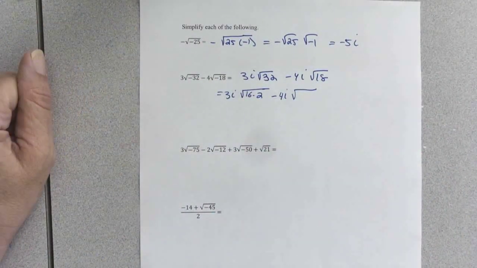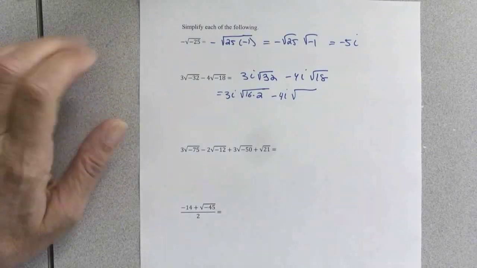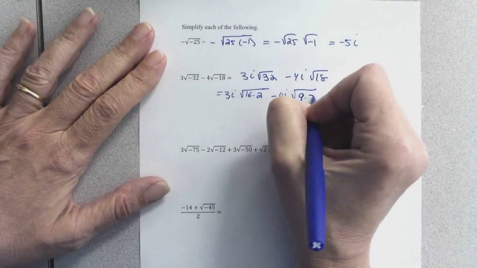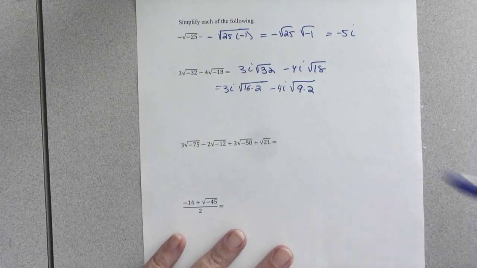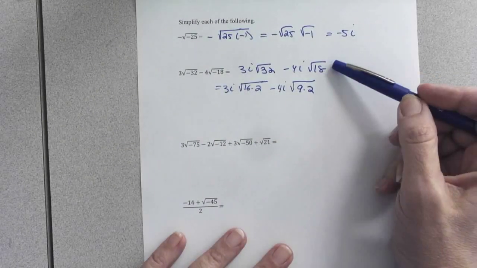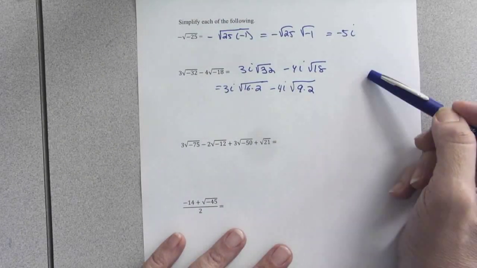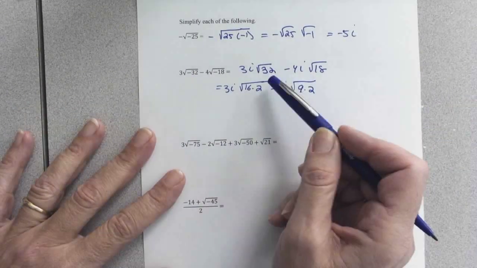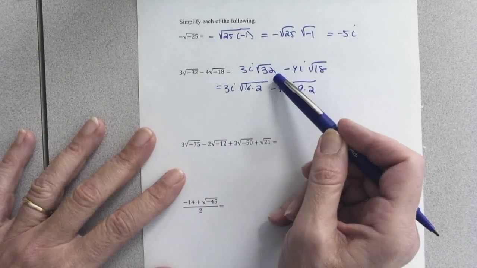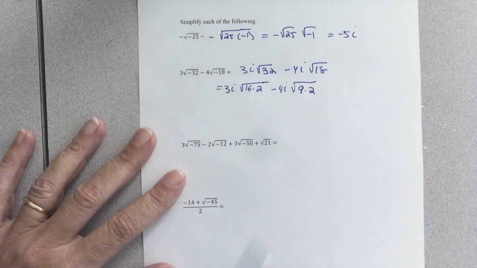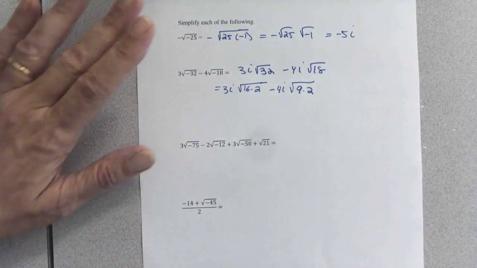Then for the 18, the same thing, two numbers that multiply to be 18, but one of which I know the square root of, 9 times 2. Now yes, 3 times 6 multiplies to 18, but I don't know the square root of 3, I don't know the square root of 6. And same thing with 32, you could do 4 times 8, but 16 times 2 is a better choice.